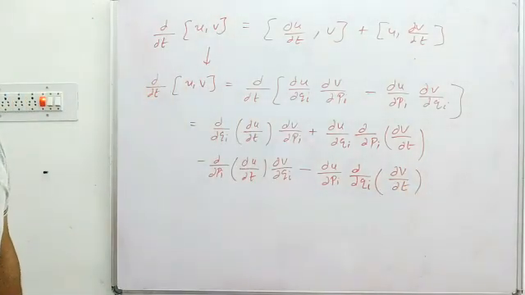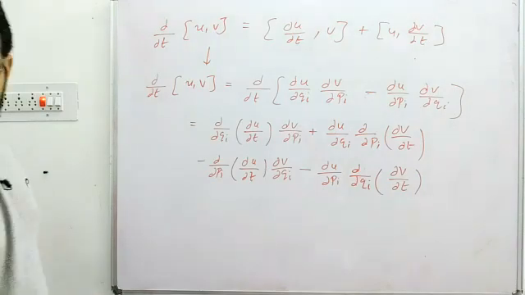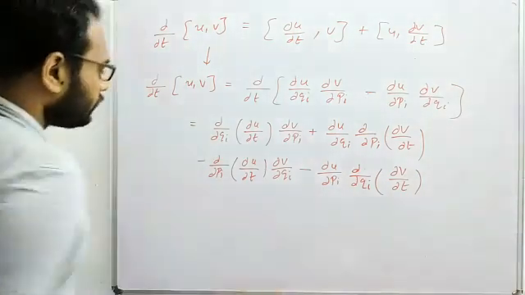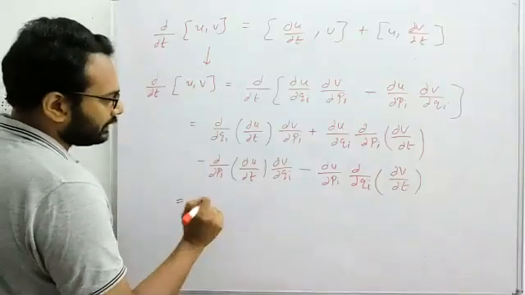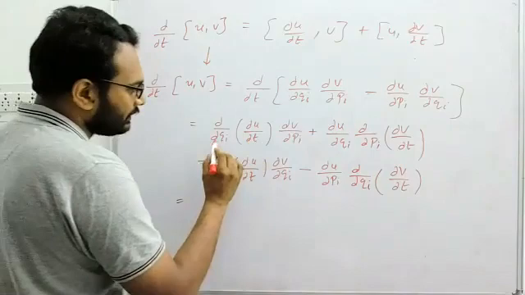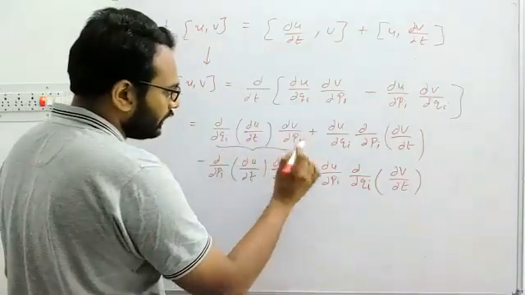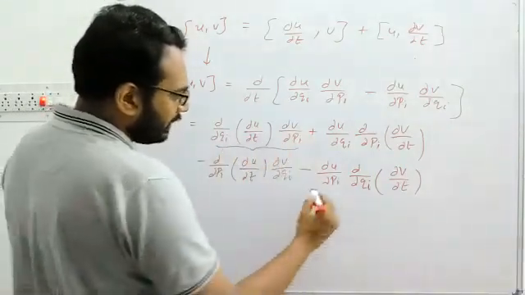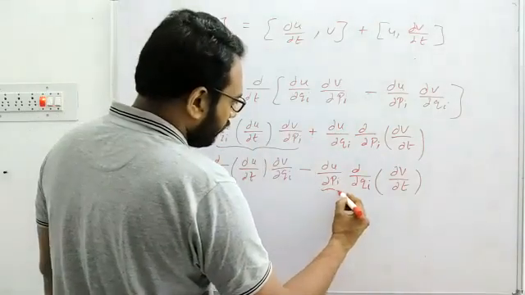You all can see the board, can't you? Yes. All right. So now you just rearrange these terms. Let's combine ∂/∂qi of ∂u/∂t, ∂v/∂pi minus ∂u/∂pi.